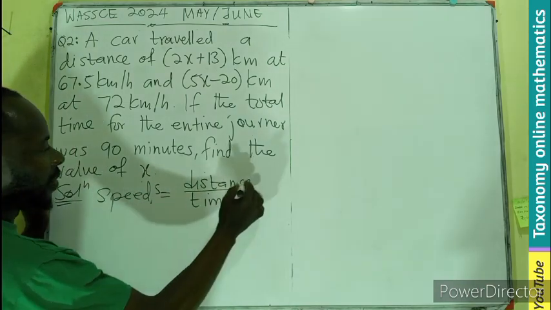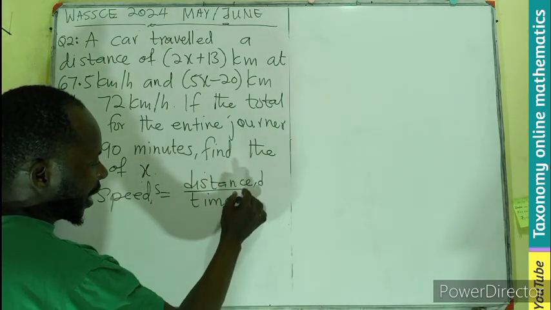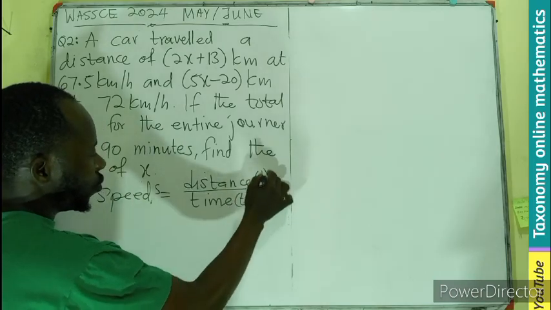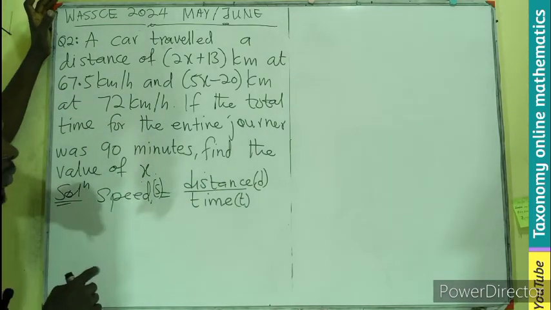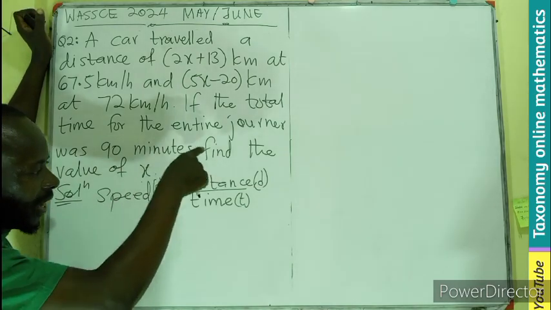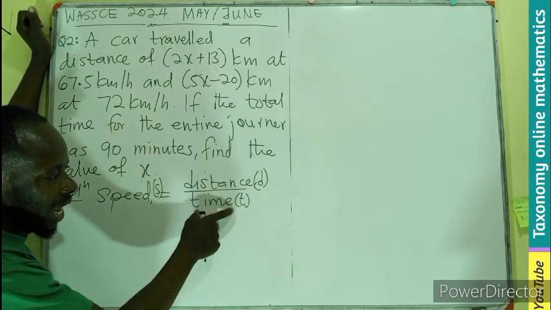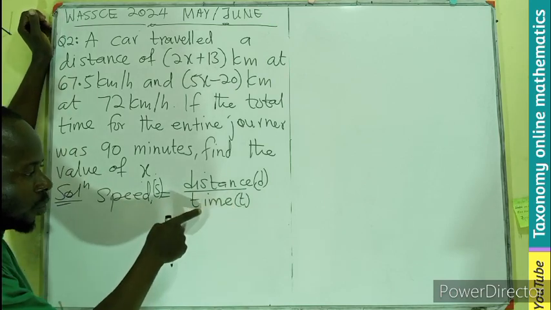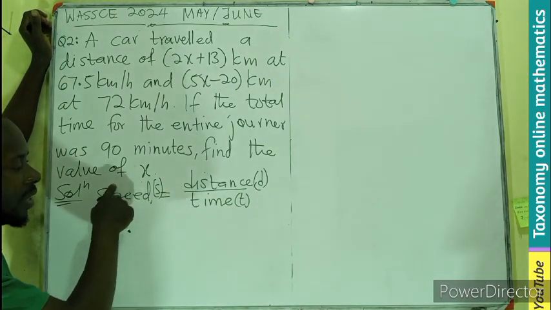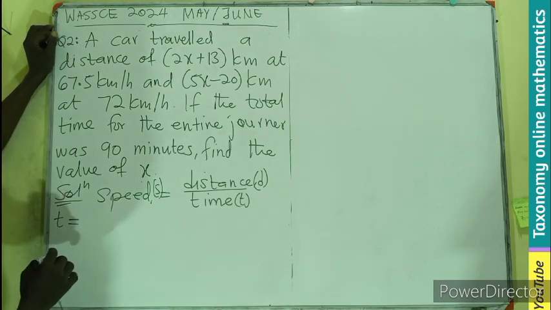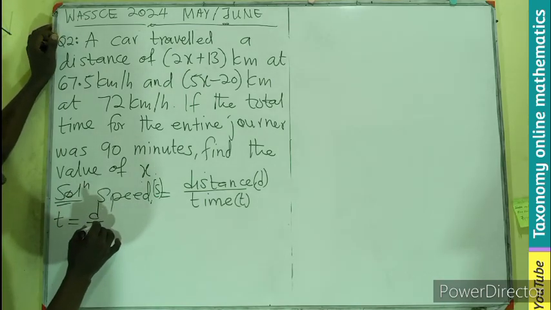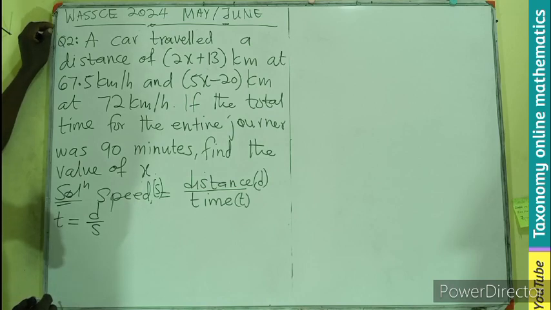Let's use S, D, and T to indicate these variables. If we are given the speed and the distance, what we are left with is the time. So the time is given as the distance divided by the speed.